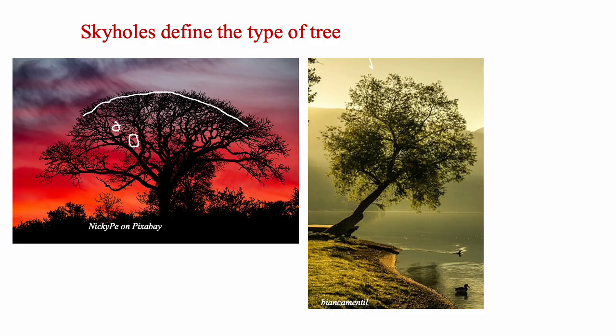For the second tree here, it has sky holes mainly on the periphery and not in these central areas. Also notice the value and color of the background because that changes the sky hole. So there's a line here where the sky holes above it are light and the sky holes below it are dark.